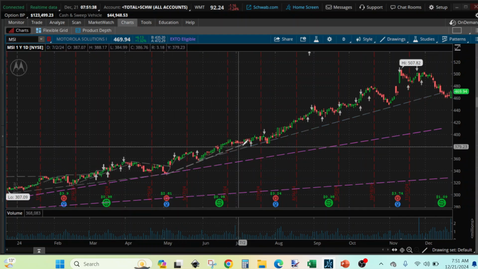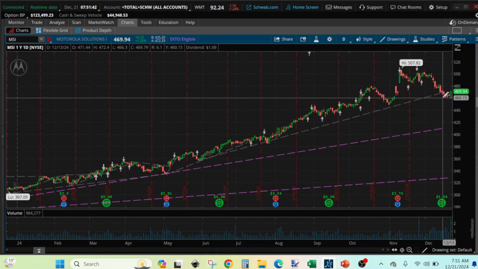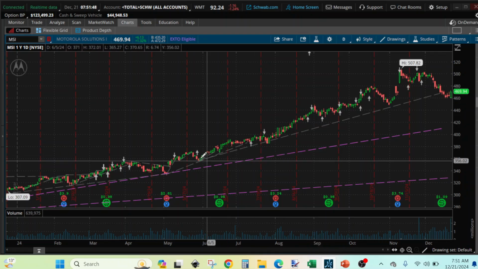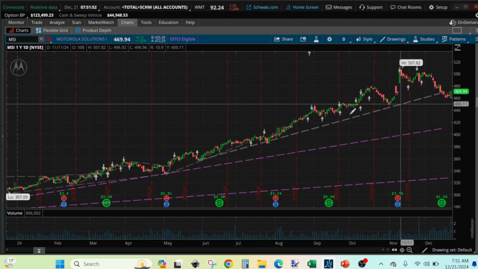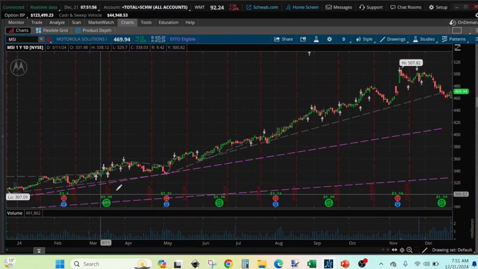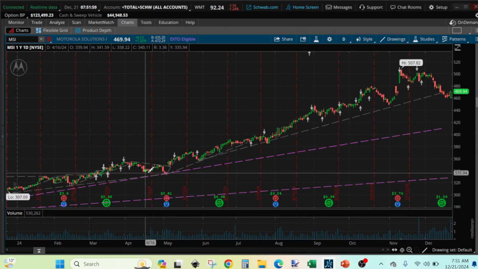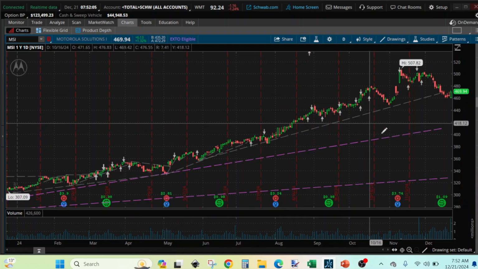It followed that line quite a bit, religiously, if I may say that. I don't know when that line originated, but it was June, a 6 month trend line. And before that, it followed a similar one and touched base somewhere here in May and continued.